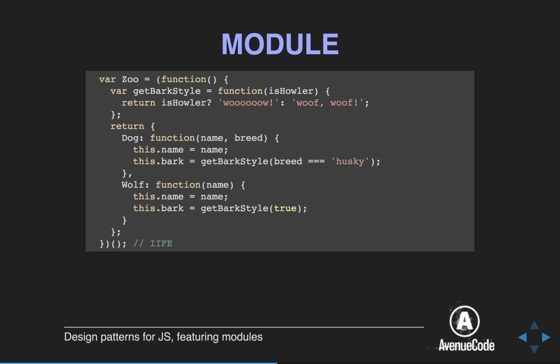We assign the name. And here, this.bark, both constructors are going to use the same function, getBarkStyle, which takes an attribute, a boolean, howler. If that is true, it's going to be ooh, otherwise, woof.